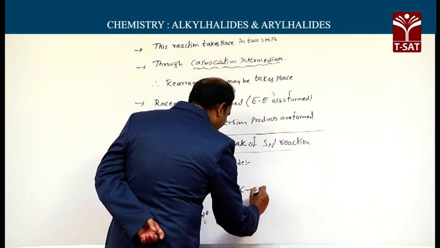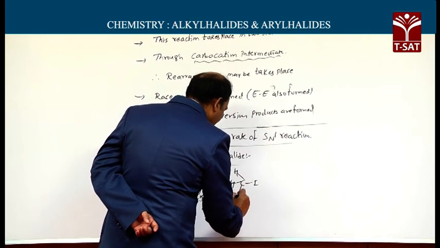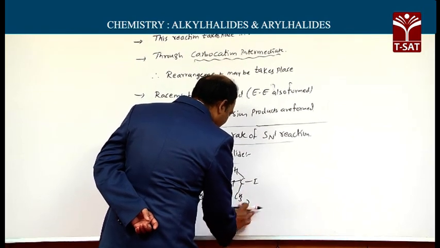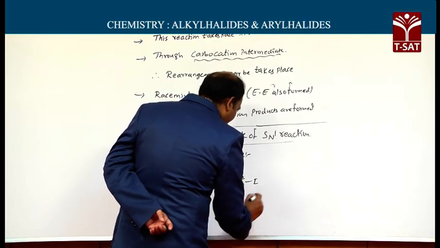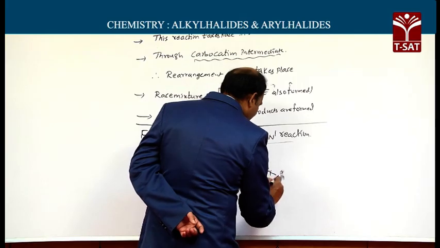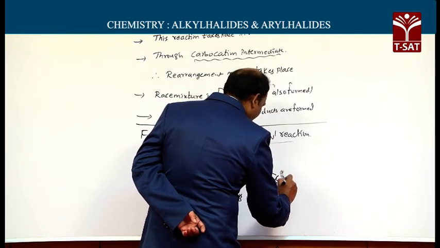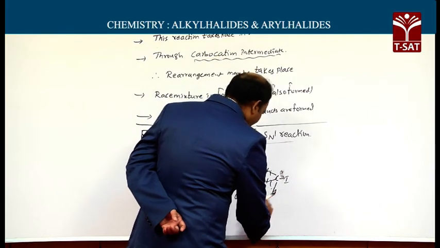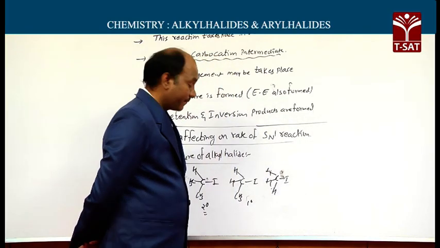This has C, H, H, CH3 and I, a primary. And this is methyl iodide.